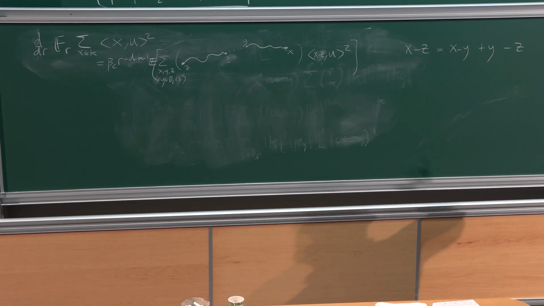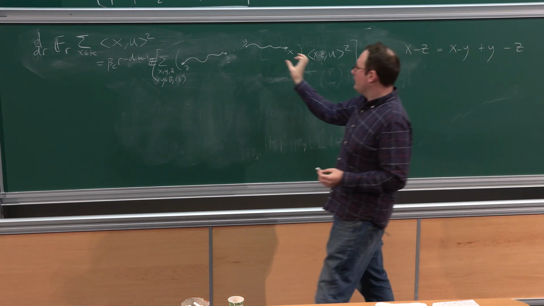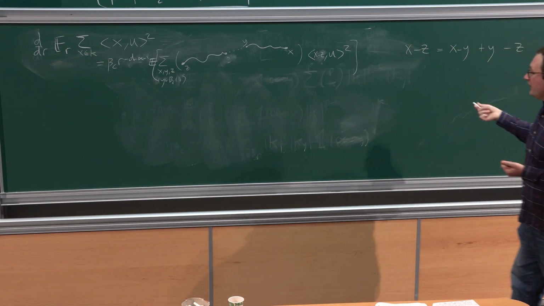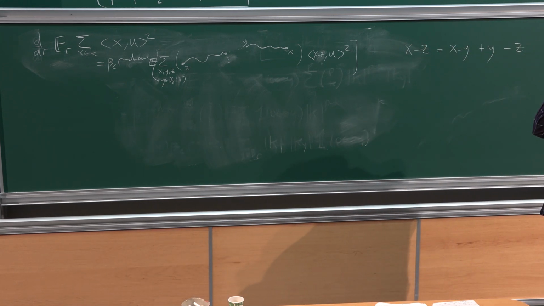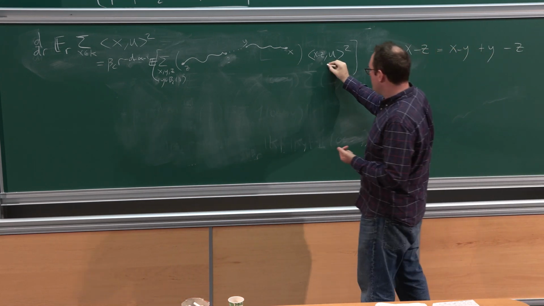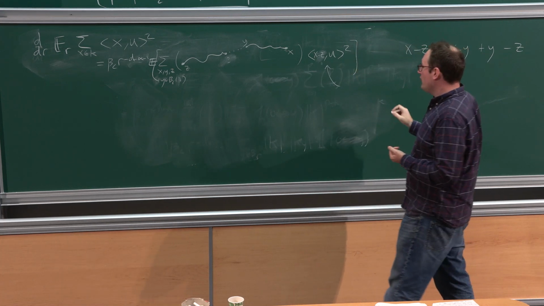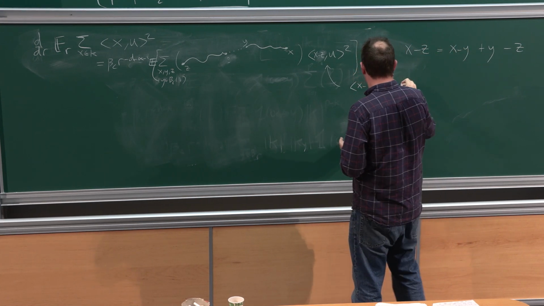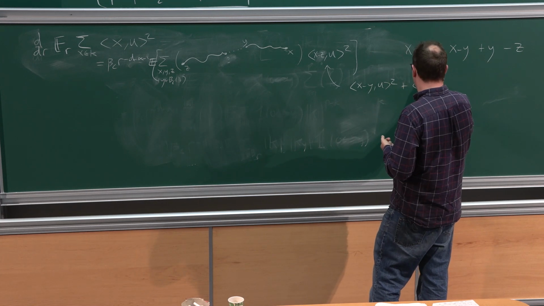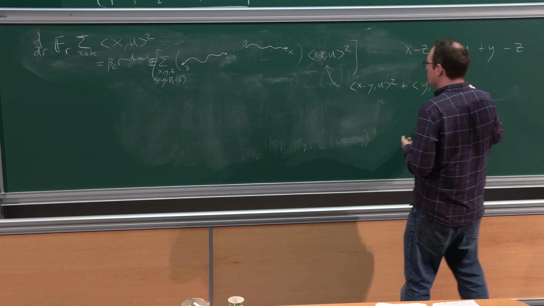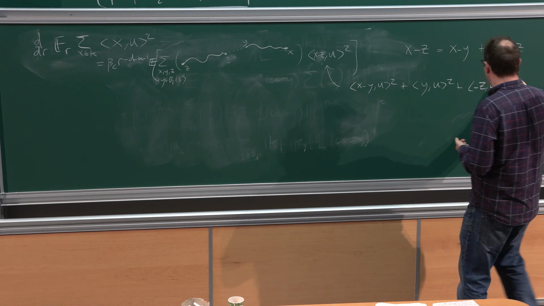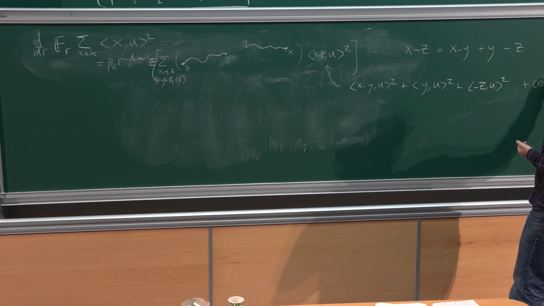Okay. So we're going to write this displacement, it basically is the sum of this displacement, and this displacement. And then we're going to expand out this trinomial, right? So we get the inner product of x minus y with u squared plus the inner product of y minus z with u squared, if you like, plus the cross terms.